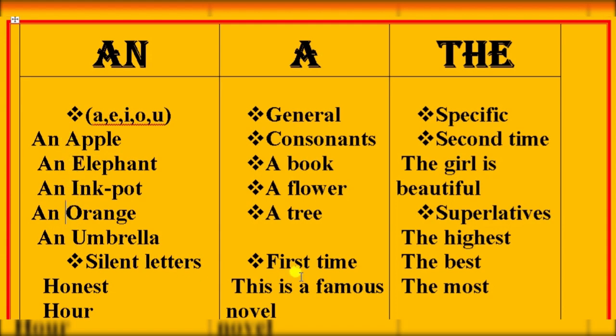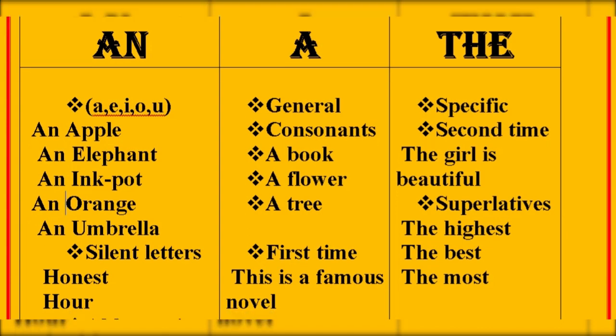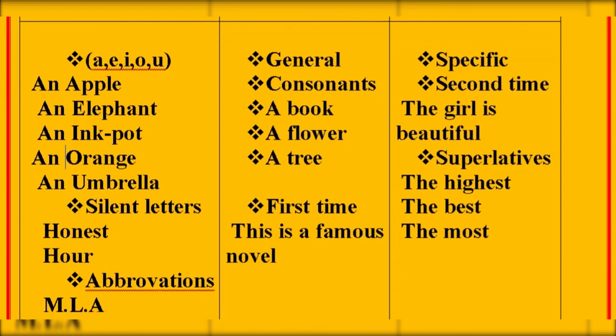And we also use the indefinite article an with special cases like silent letters. We pronounce honest as "onest", an honest person, right? The H is silent here, so we add an.